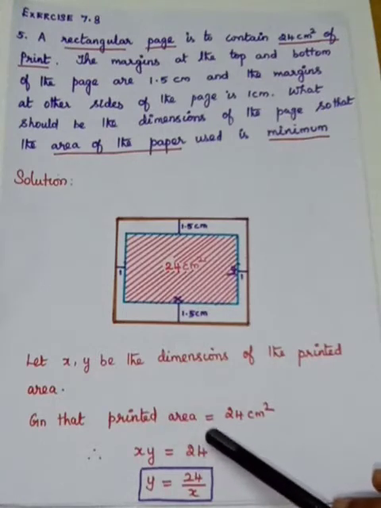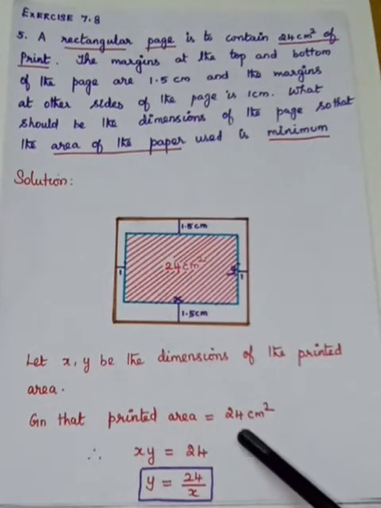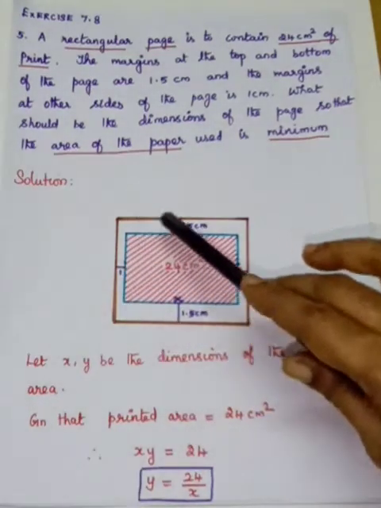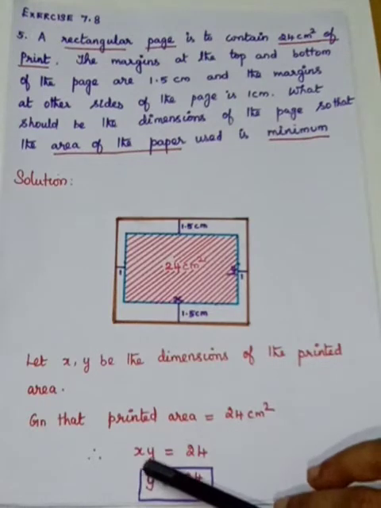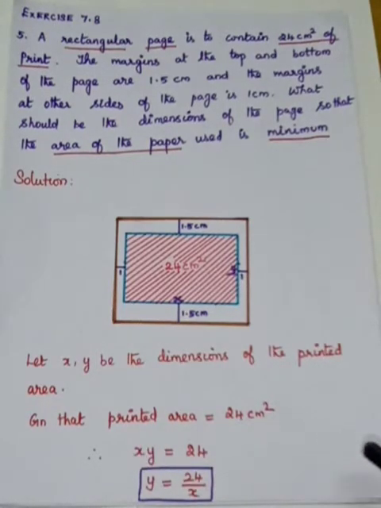The printed area is equal to 24 centimeters squared. The printed area is in the shape of a rectangle, so we can write length into breadth. So x into y is equal to 24. From the given result, you have to write one variable in terms of the other. So y is equal to 24 by x.